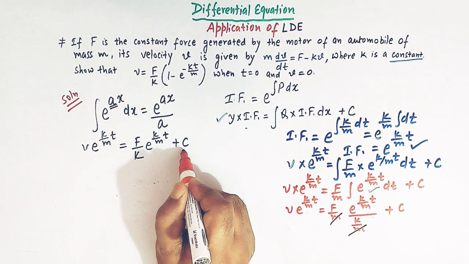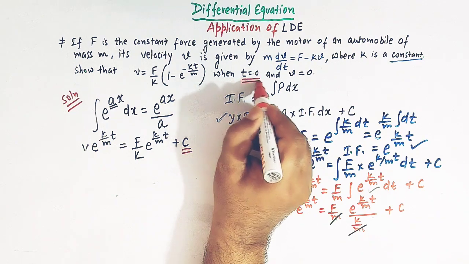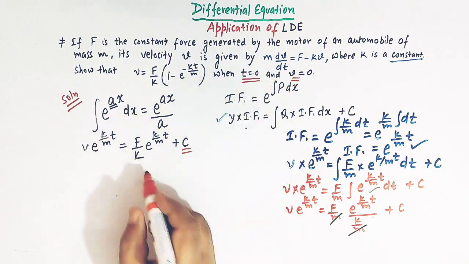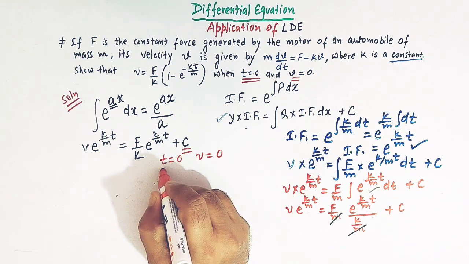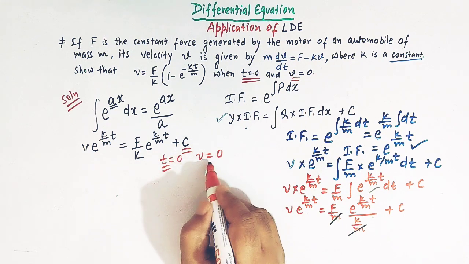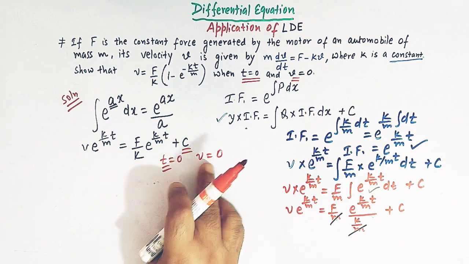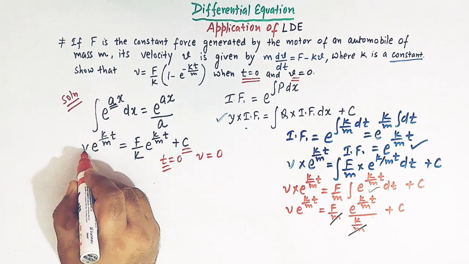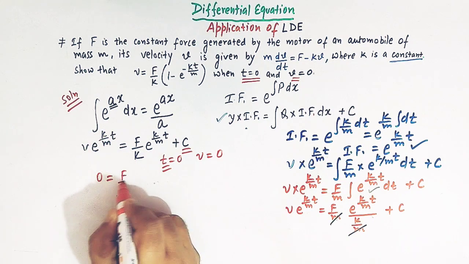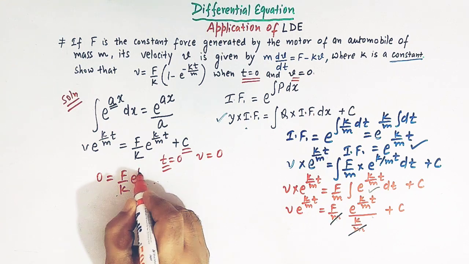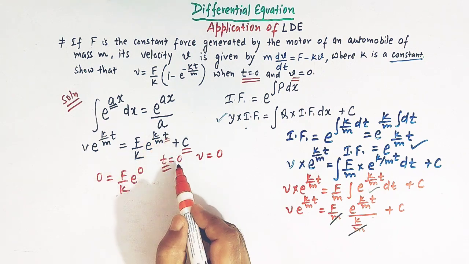And now our aim is to find out this constant of integration. So we'll make use of this condition, that is when t is equal to 0, v is equal to 0. So when time is 0, the velocity is equal to 0. When we substitute these values in this equation, v is 0, so this entire term becomes 0, and here we have F over k and e raised to 0, because t is 0, so k over m times 0 is 0.